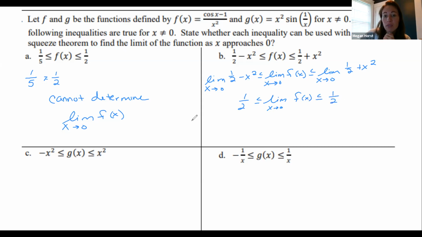So it's equal to 1/2. So by the squeeze theorem, we know that the limit as x approaches 0 of f of x is going to equal 1/2. So yes, this inequality would absolutely work.